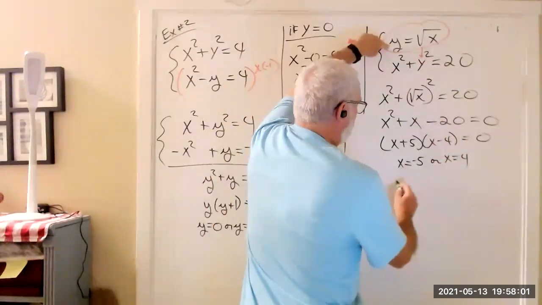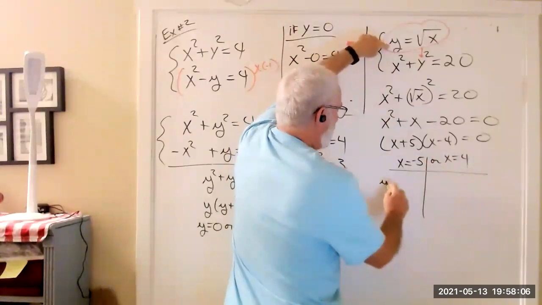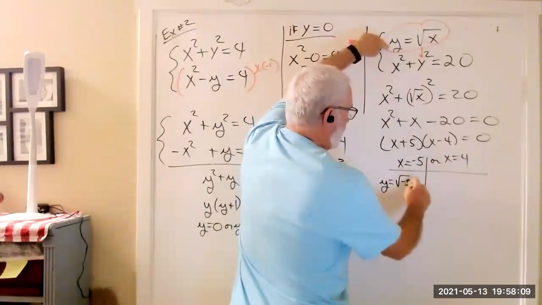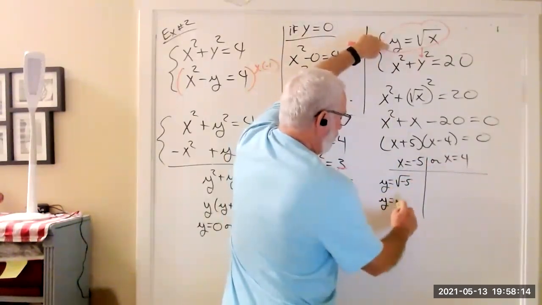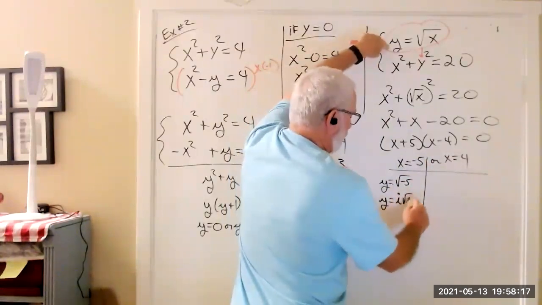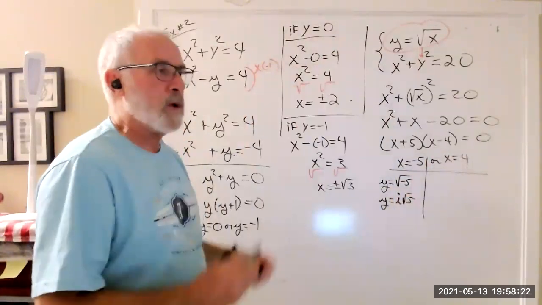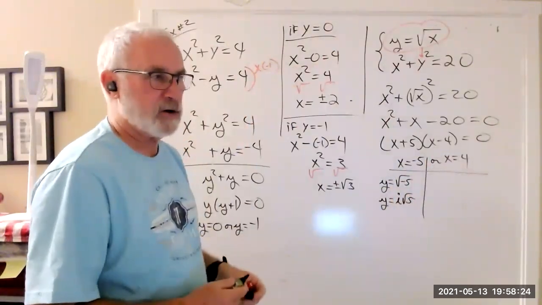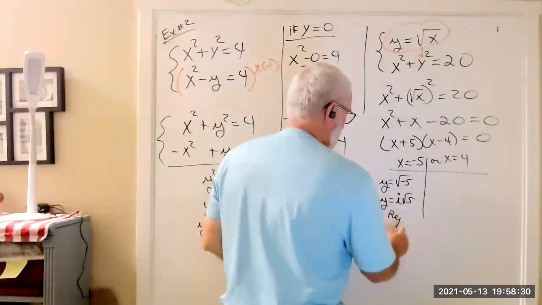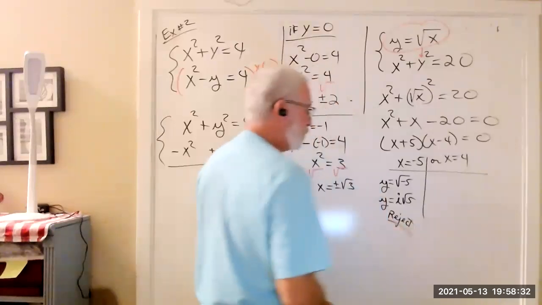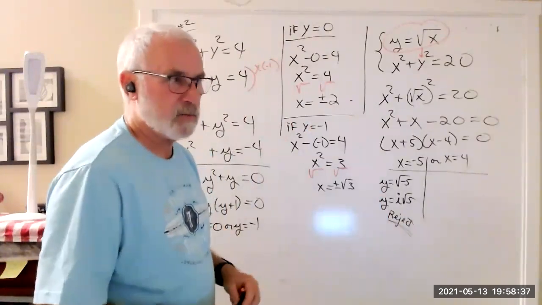So this is going to say if x is -5, then y equals the square root of -5, which means y equals i times the square root of 5. But this is imaginary, or it's complex, okay? We can't graph imaginaries. So this is a reject. We don't know how to graph imaginary numbers yet.